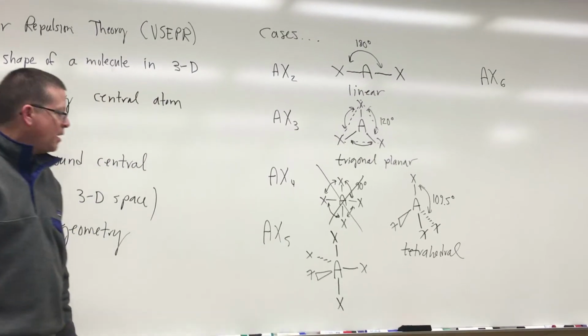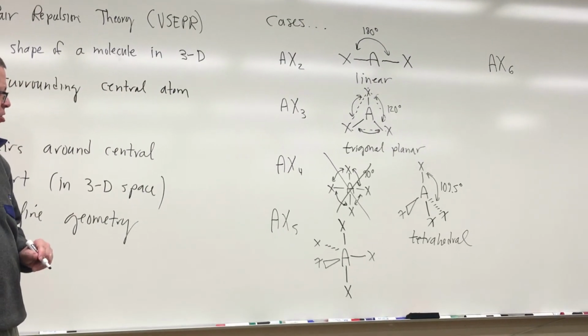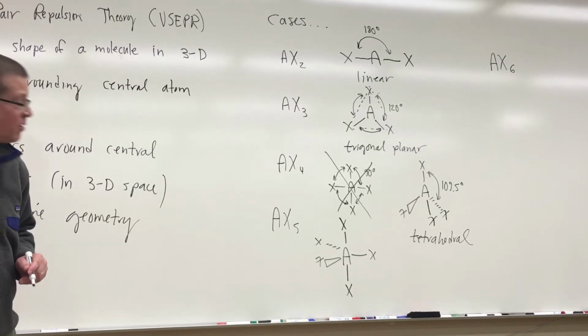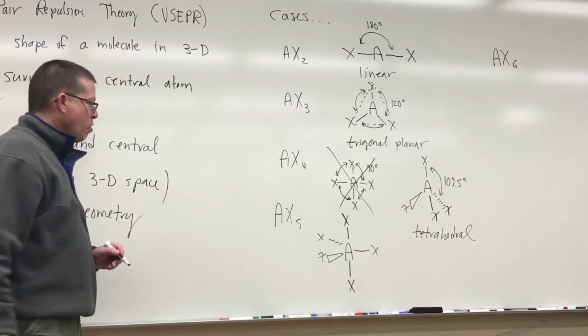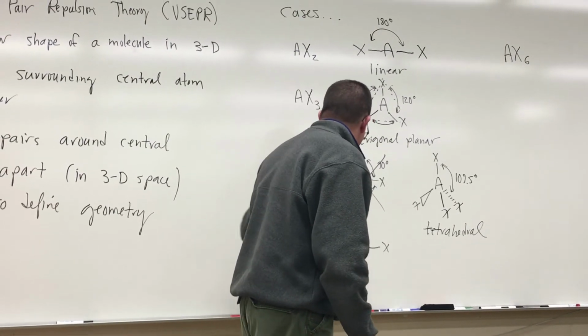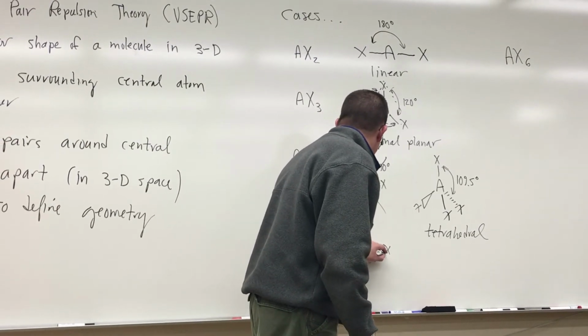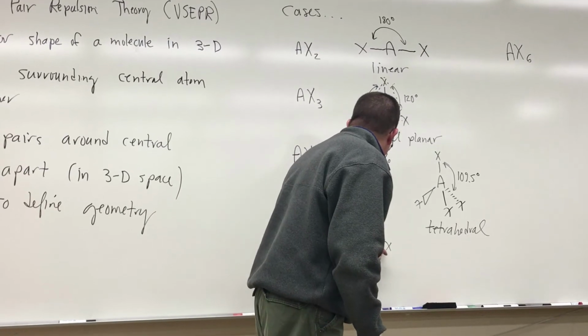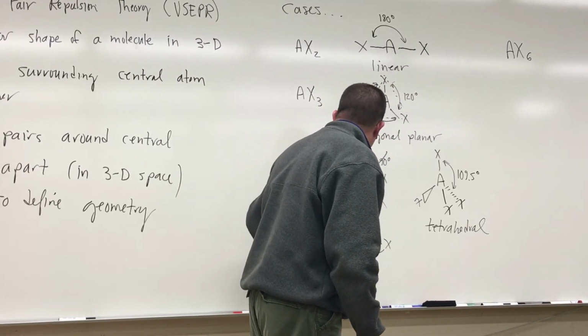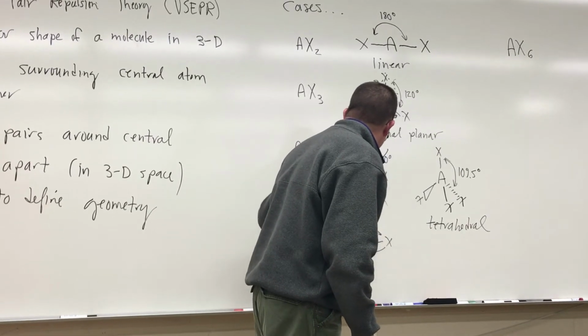Okay? So if I look at this particular geometry, what we're going to notice is that we're going to have 2 different kinds of bond angles here associated with this one. Okay? I'm going to have bond angles that kind of go around the plane here. So I have the bond angle that goes from here to here, and then continues from here to here, and then back around from there to there.